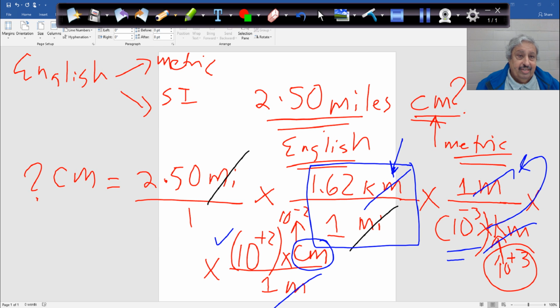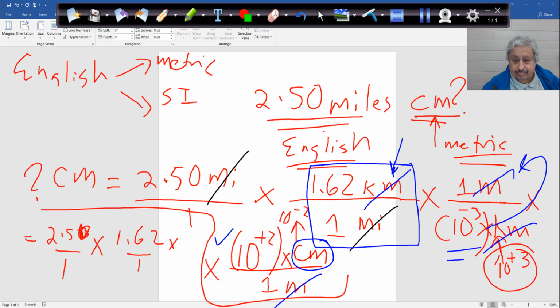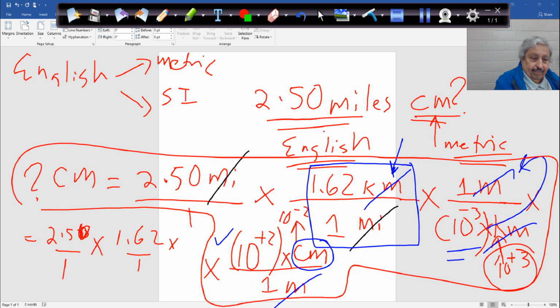So the answer is: 2.50 over 1, times 1.62 over 1, multiplied by 10 to the plus 3 on top, and 10 to the plus 2 centimeter on top.